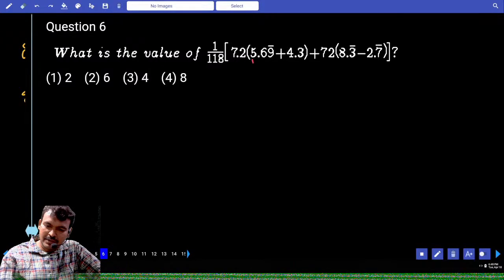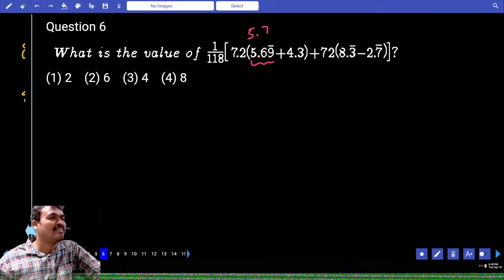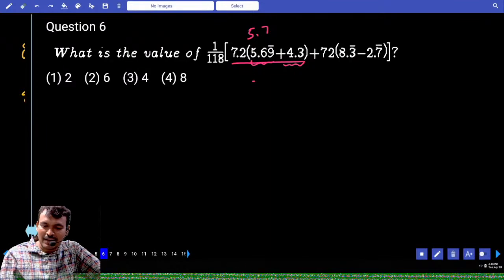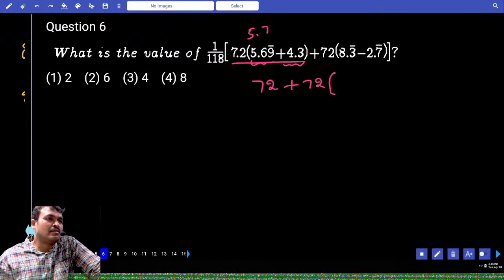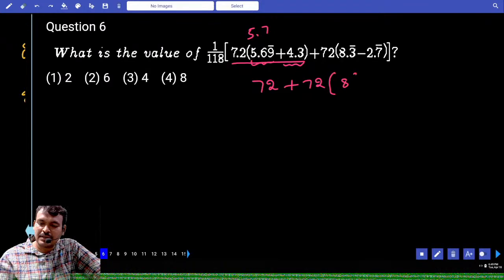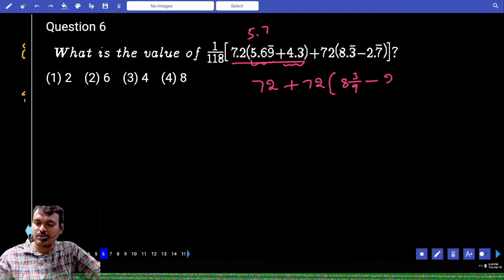Okay, 5.69 bar means it is almost 5.7. 5.7 plus 4.3 is 10. 10 into 7.2 means 72, plus 72 into 8.3 bar, that is written as 8 3 by 9, minus 2.7 bar, that is written as 2 7 by 9.